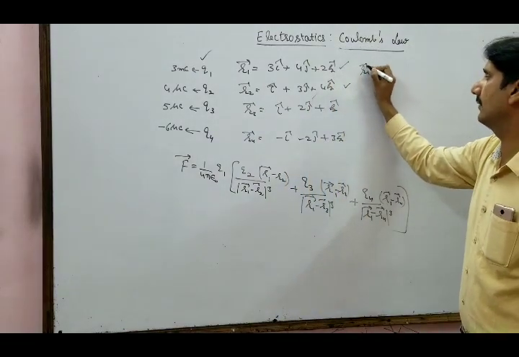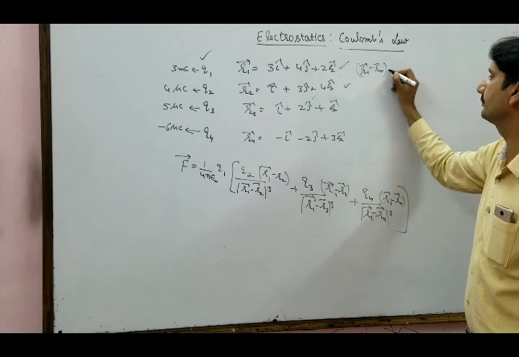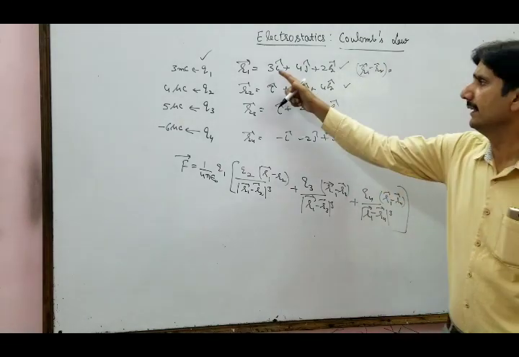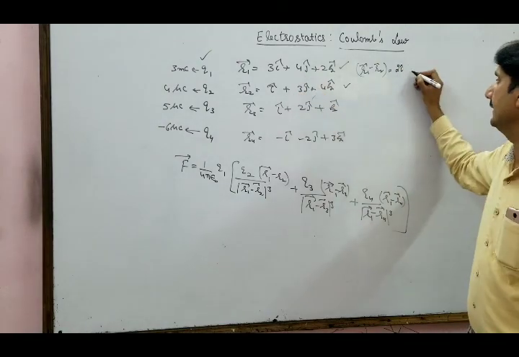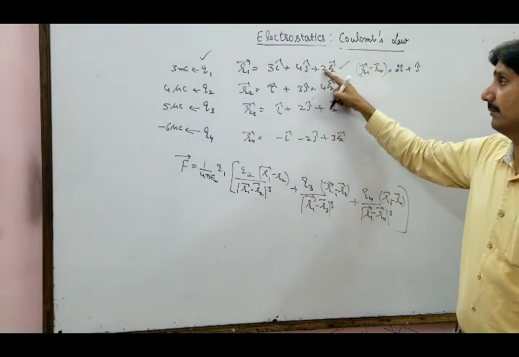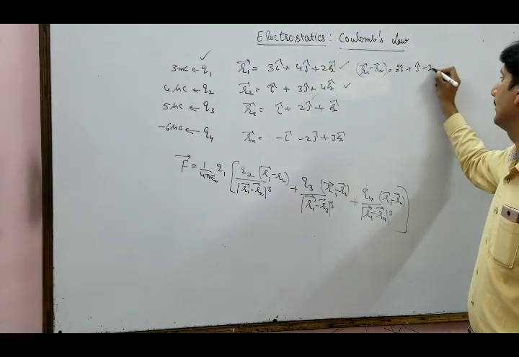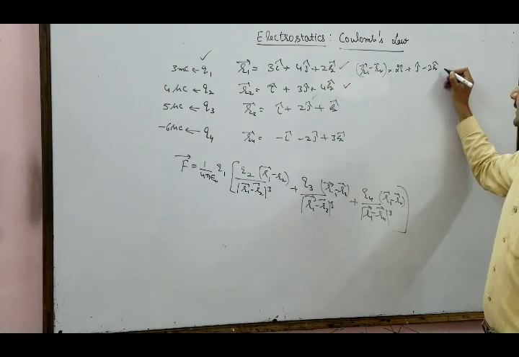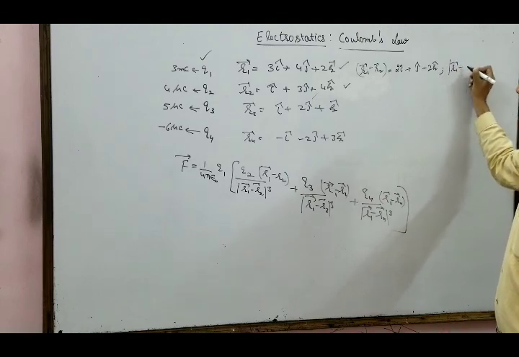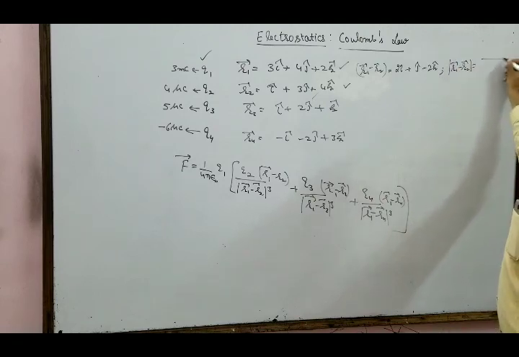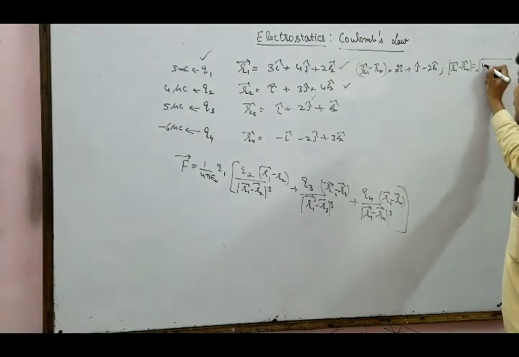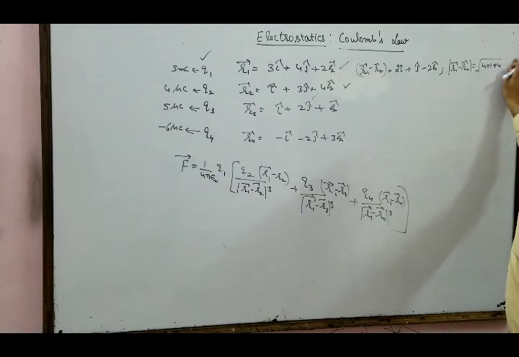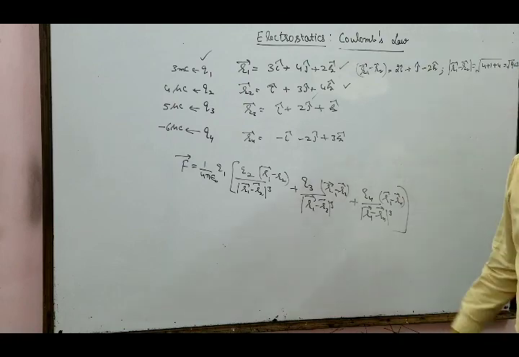Simply subtract: 3i cap minus i cap, I have got 2i cap, 4 minus 3, 1j cap, 2 minus 4, it is minus 2k cap, and the magnitude of this vector is square root of 2 square plus 1 square plus minus 2 square. So it is 4 plus 1 plus 4, which is simply equal to under root 9, that means 3.